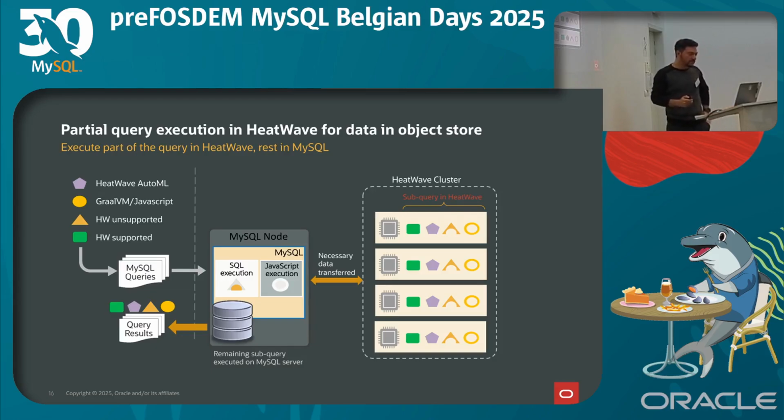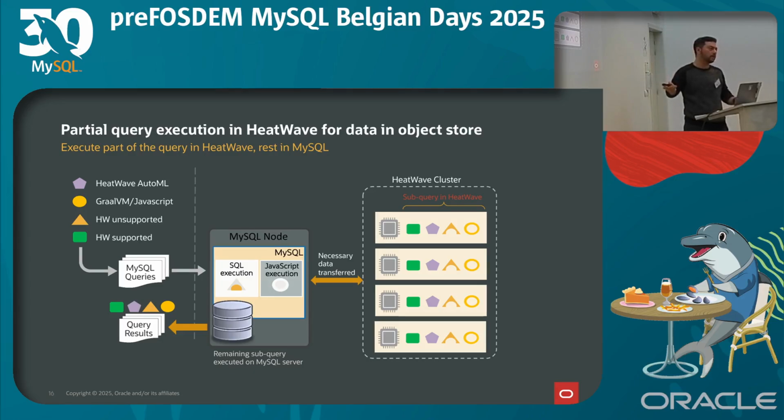Another optimization that I can talk about is partial query execution for the data in object store. Before this feature, the approach was you either execute everything in HeatWave or you cannot, and you rely on MySQL. Here we are choosing a different methodology. Let's say part of a given query can run in HeatWave, and the rest of the query cannot.